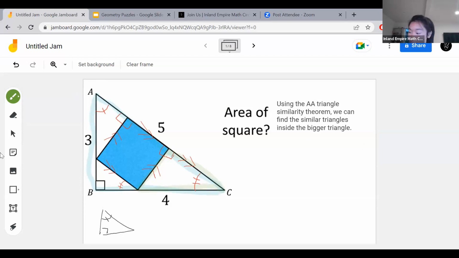All right, Loy, Jasper, Zoom user, you guys got any ideas? Same concepts that we went over with these two over here. We're just looking for two angles, so we can use the angle-angle theorem to figure out the similarity.